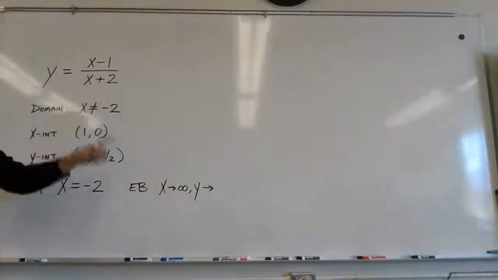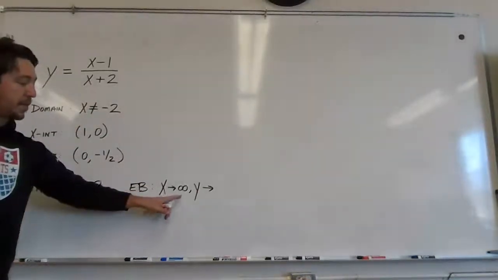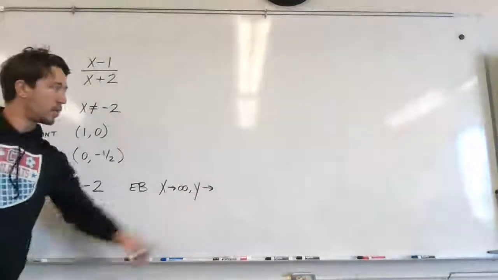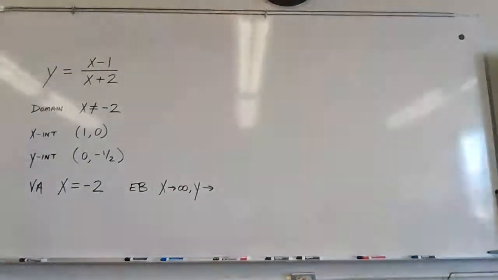On this function, as the x values get bigger and bigger as they approach infinity, what do we think happens to the y values? I appreciate your willingness to answer, but I wanted to give everyone a chance to think hard about this one.